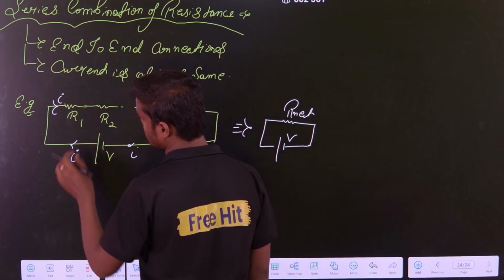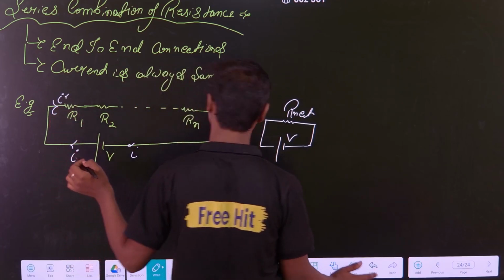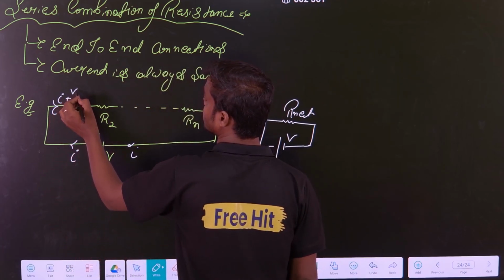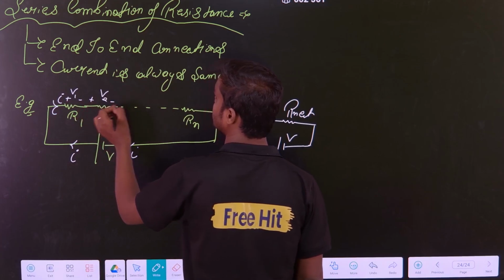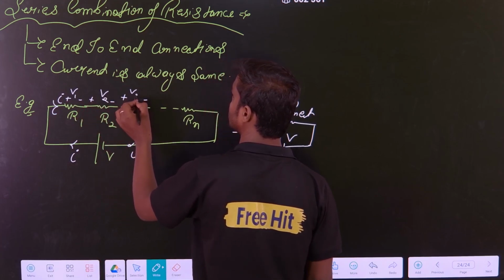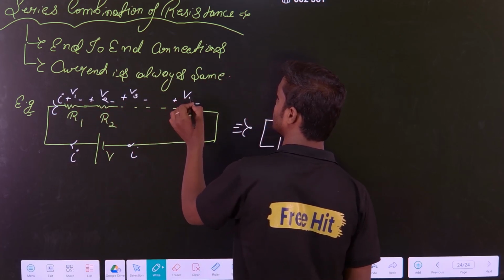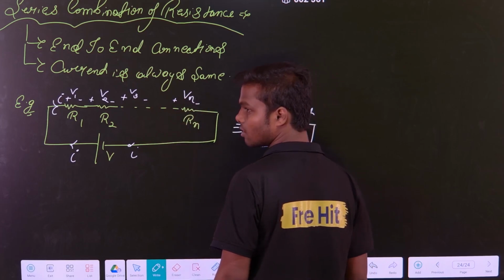So what is the difference? The voltage will be different. Here the voltage will be plus minus V1, then plus minus V2, then V3, like that plus minus Vn. Correct? No doubt.